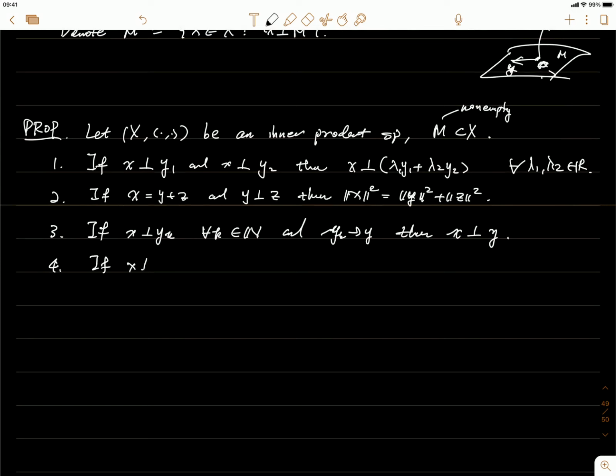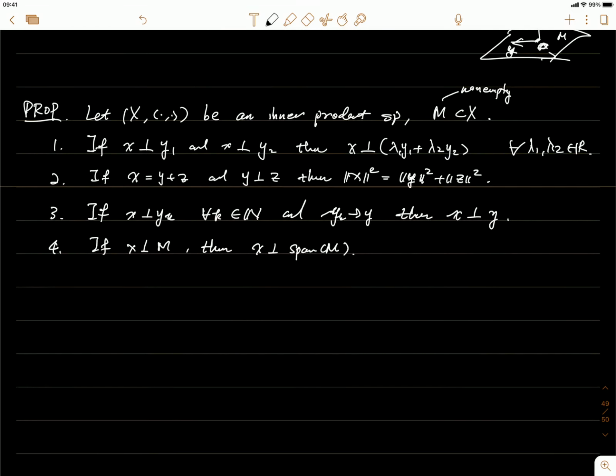Fourth, if x is orthogonal to M, then x is perpendicular to the span of M. And finally, M perp is a closed linear subspace of X.